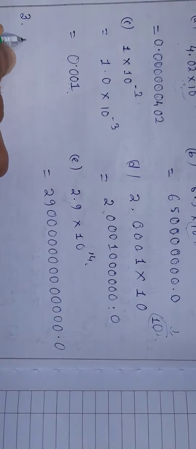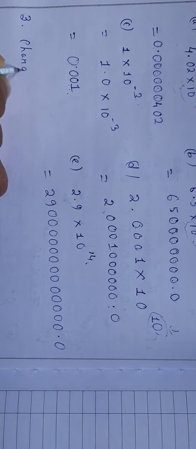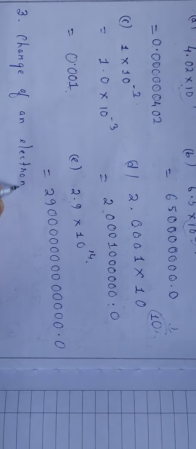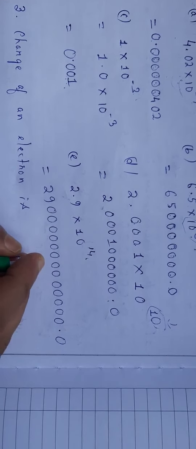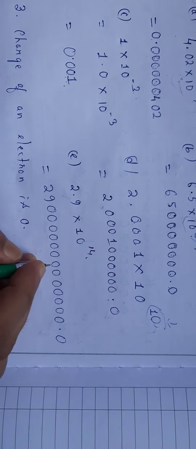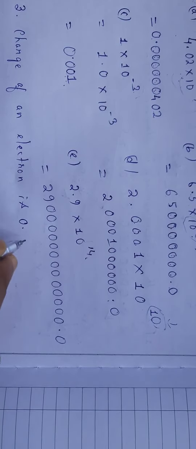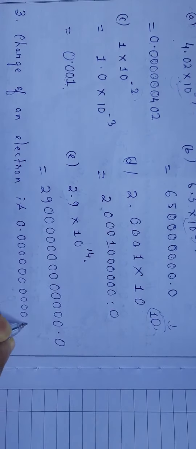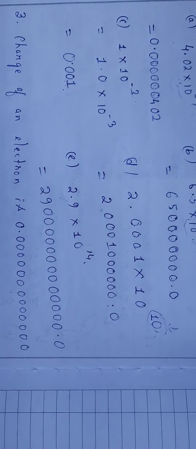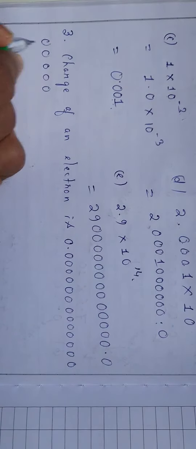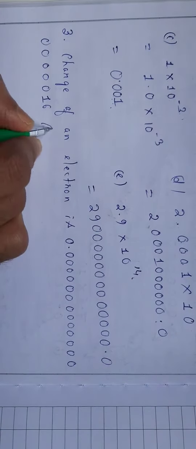Here the charge of an electron is 0.18 zeros and 16: 1, 2, 3, 4, 5, 6, 7, 8, 9, 10, 11, 12, 13, 14, 15, 16, 17, 18, 16 coulomb.